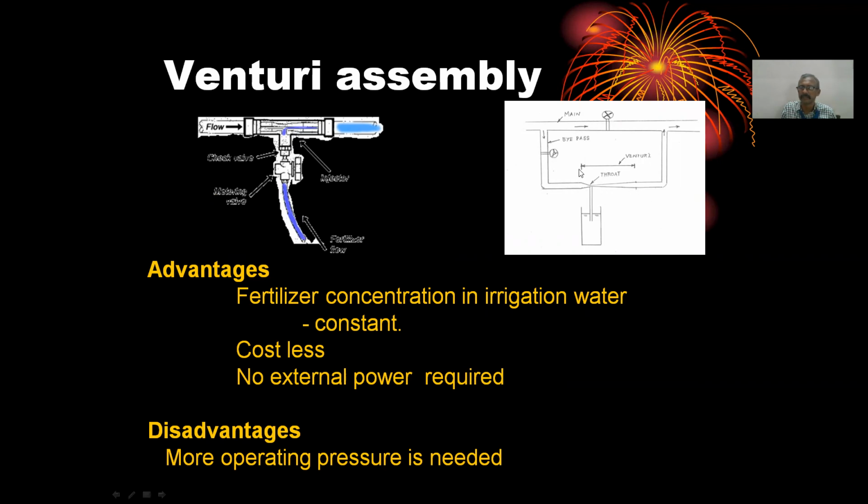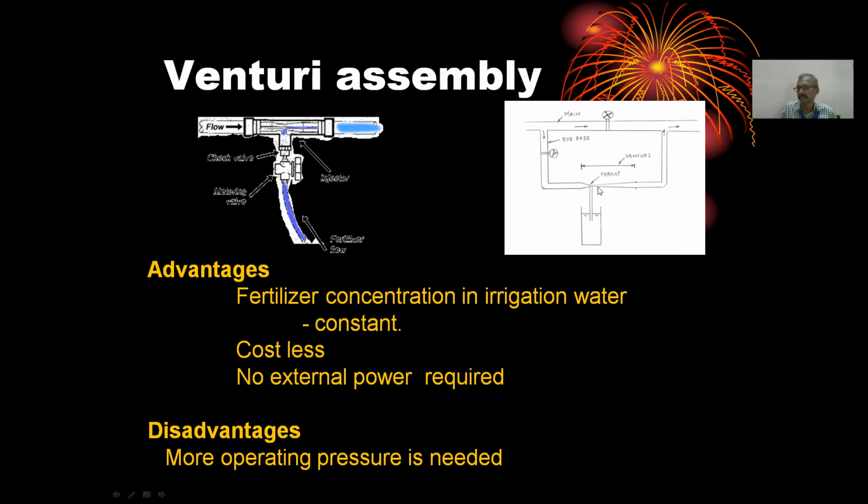See here, this is a main pipe. You make a bypass, and this is a Venturi. A Venturi has a simple construction. Water is made to pass through a narrow section. Then expansion is done over a larger distance, because the contraction can be within a smaller distance, but expansion cannot be done in a smaller distance.